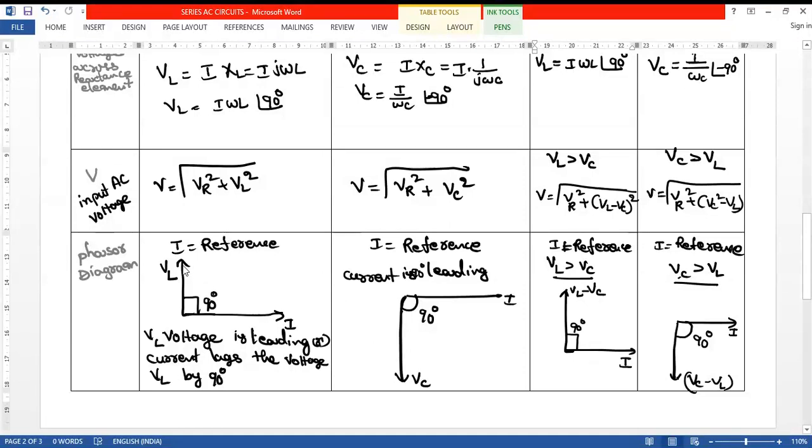Now if we connect these two phasors like this, we get a triangle like this.